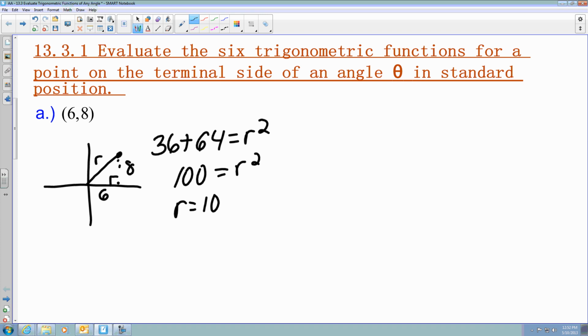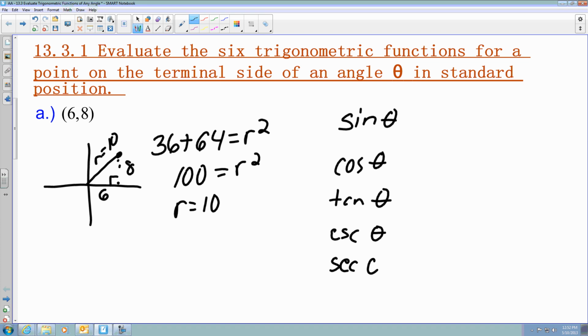So by knowing all of these values, I can then find sine of theta, cosine of theta, tangent, cosecant, secant, and cotangent of theta. Again, sine is opposite over hypotenuse, so in lowest terms it's going to be 4 over 5.